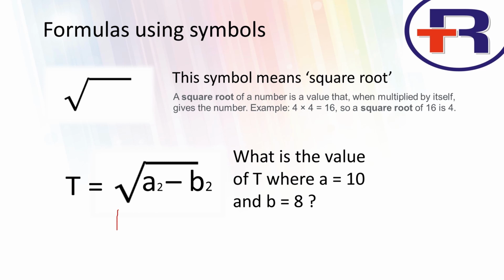10 times 10, which equals 100. Minus b squared. B is an 8. 8 times 8 is 64.